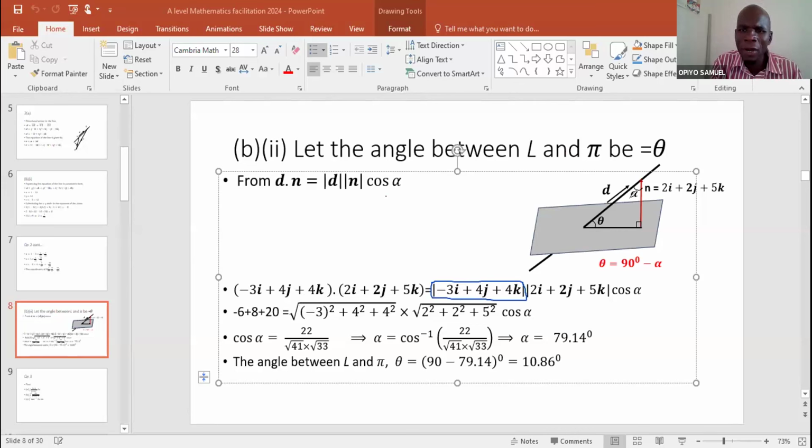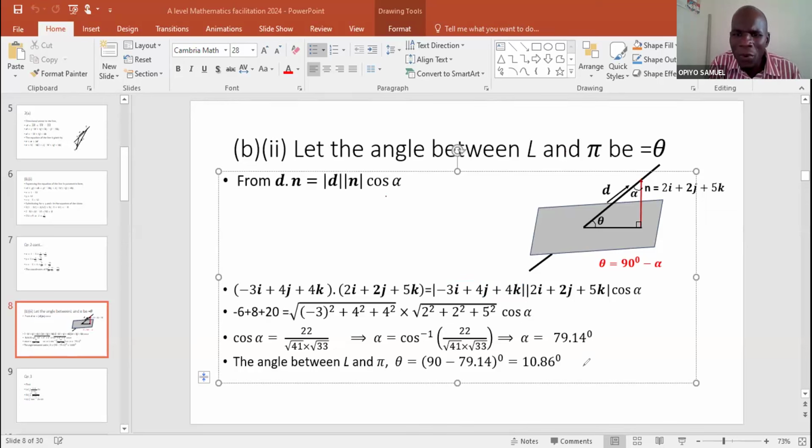Then cos of the angle. Remember, angle alpha is the angle between the normal vector and the directional vector. Then when we manipulate this, we get the angle alpha to be 79.14. Now this is a rounded value. But before you round off any value, make sure you copy what is in your calculator display.